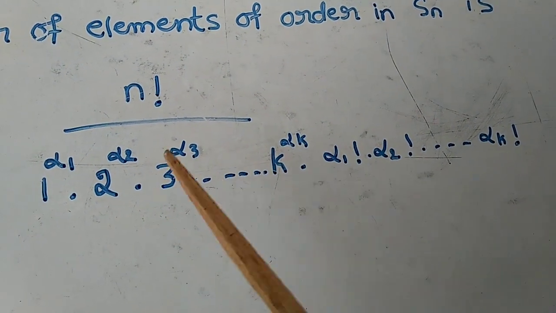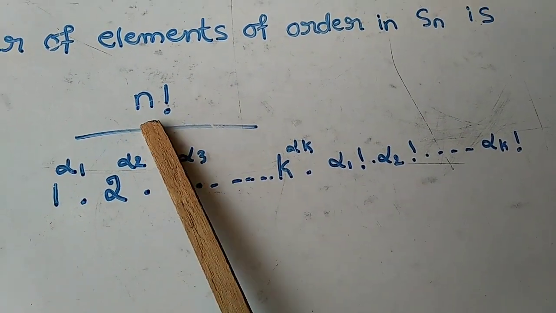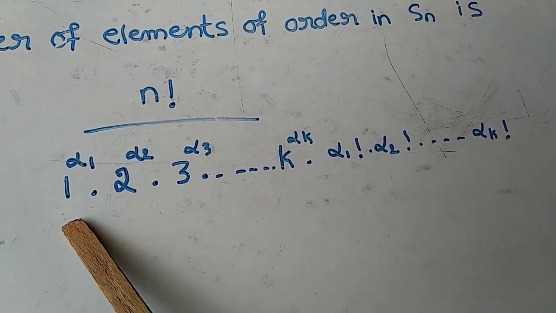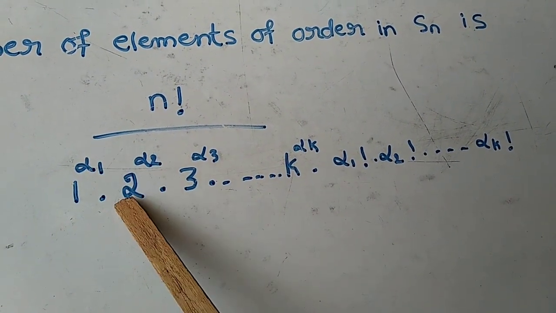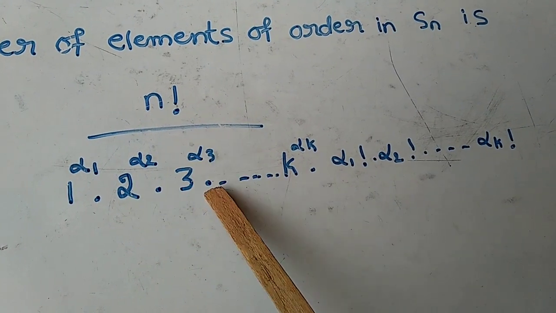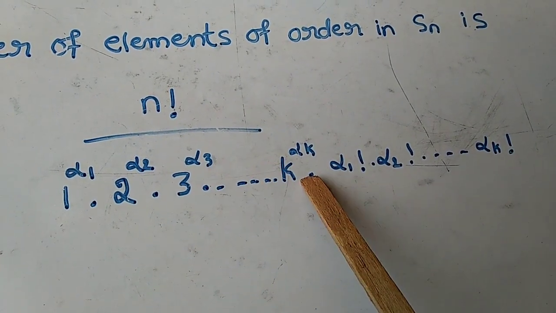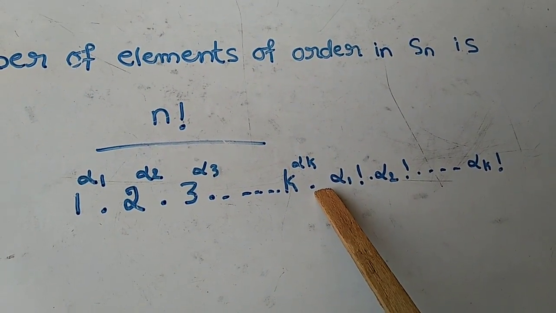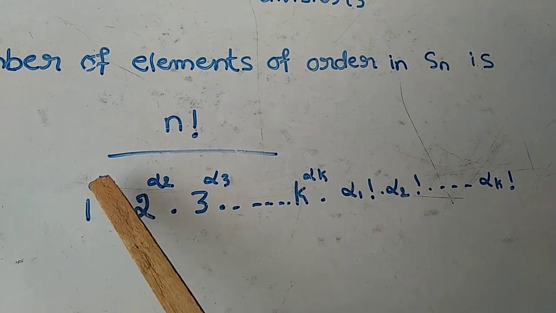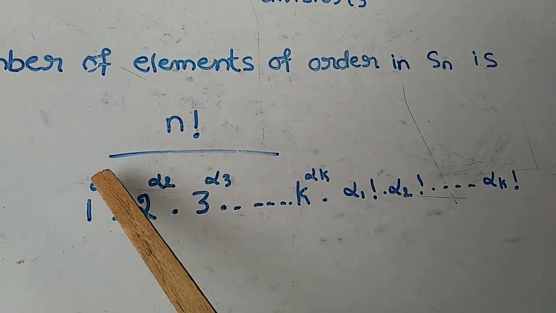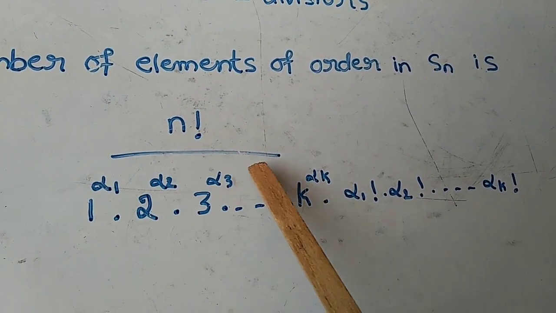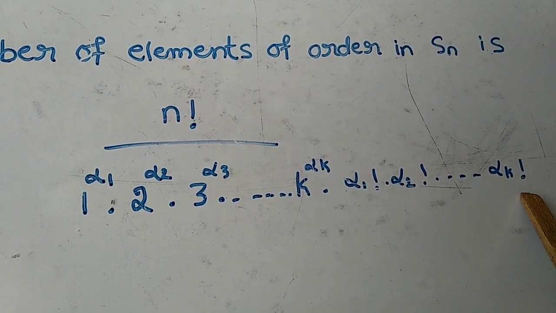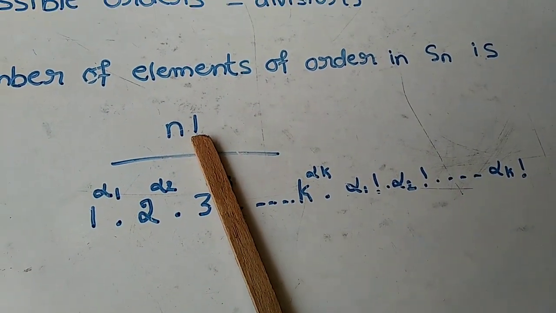It is n factorial divided by 1 raised to alpha 1 into 2 raised to alpha 2 into 3 raised to alpha 3, and so on up to k raised to alpha k. After ending here, you have to take the factorial of all the numbers which are in the exponents.